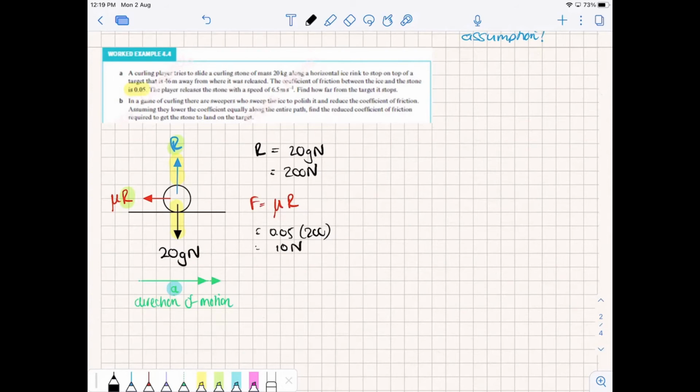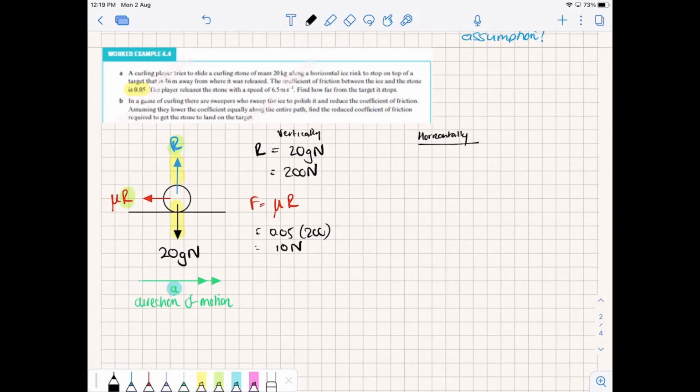Now that we've solved for friction, we can resolve in the horizontal direction to find the net force. That was resolving vertically. Now we want to resolve horizontally. We also remember that forces perpendicular to the direction of motion don't affect acceleration.